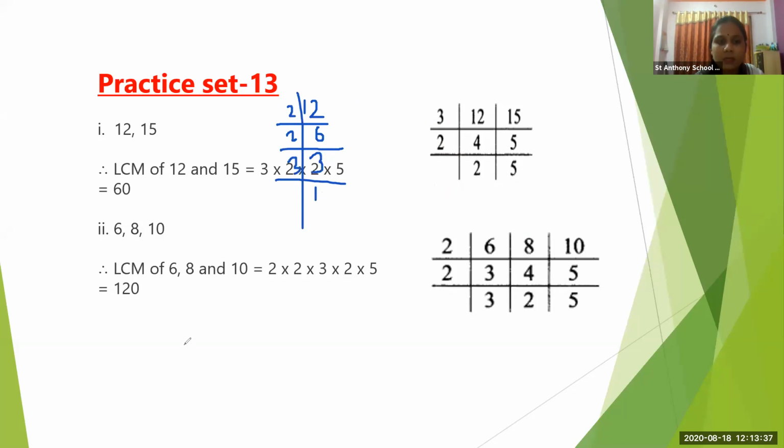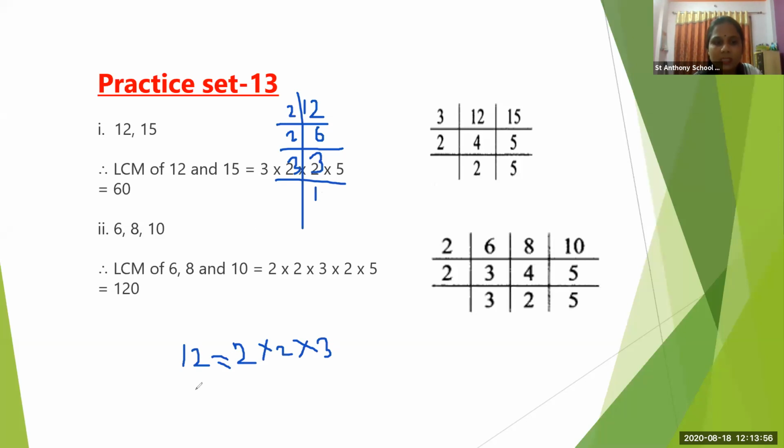So 12 is equal to 2 into 2 into 3. These are the factors of 12.